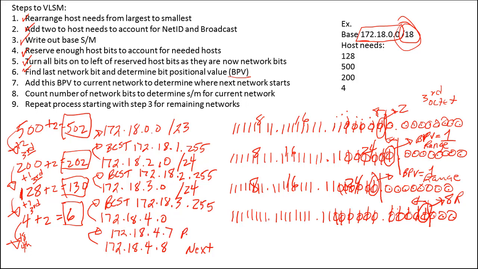Right? That's the broadcast for this network. And then we count our network bits. 8, 16, 24, 25, 26, 27, 28, 29. /29. And there you have it.